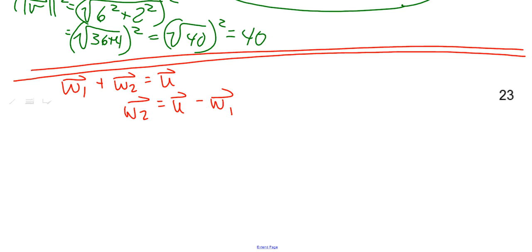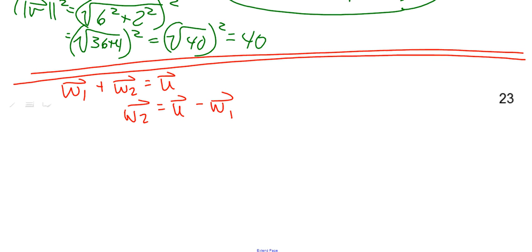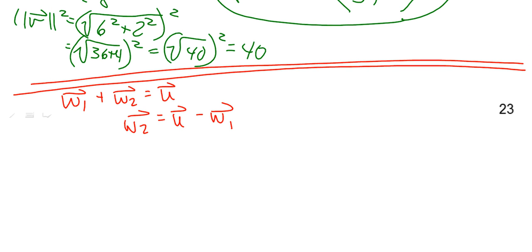Do you agree? It says one of these vectors, w1 or w2, is the projection of u onto v. So I'll just call that W1. And U we also know. So we want this second vector. This is going to be our projection vector, W1. W2 is what we are going to figure out. And U we also know. Do you agree with that?